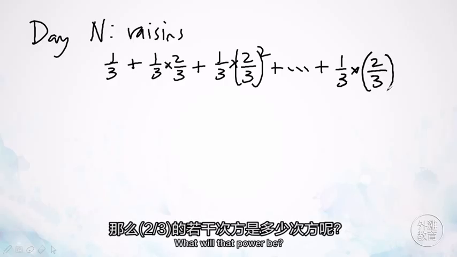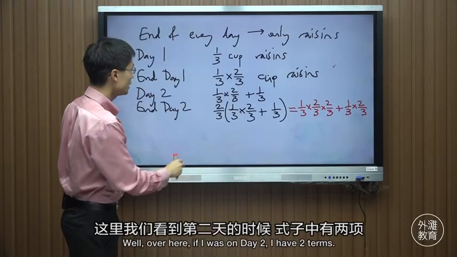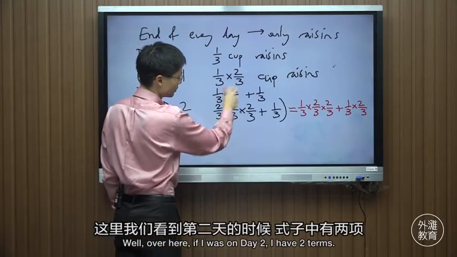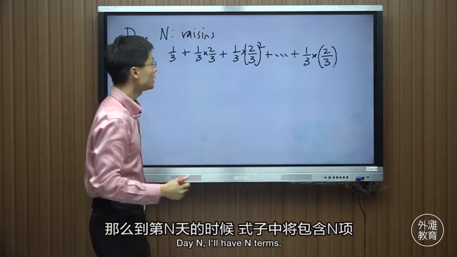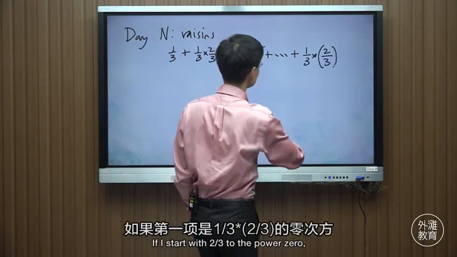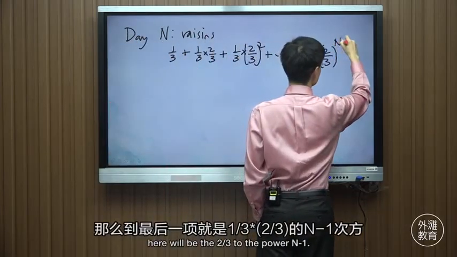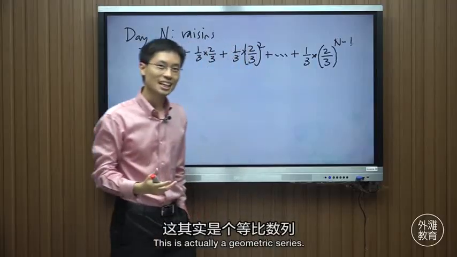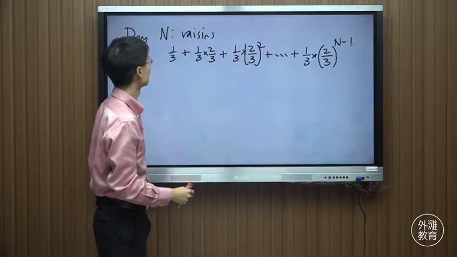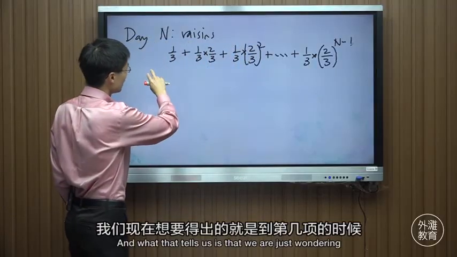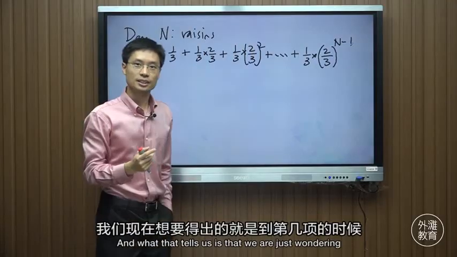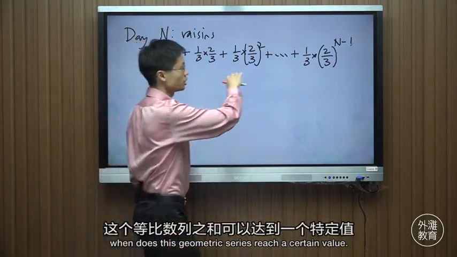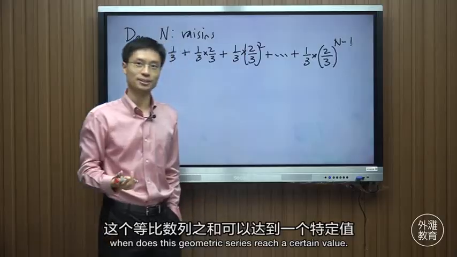What will that power be? Well, if I was at day 2, I have 2 terms. Day n, I'll have n terms. If I start with 2/3 to the power 0, here it will be 2/3 to the power n minus 1. This is actually a geometric series. And what that tells us is that we are just wondering, when does this geometric series reach a certain value?